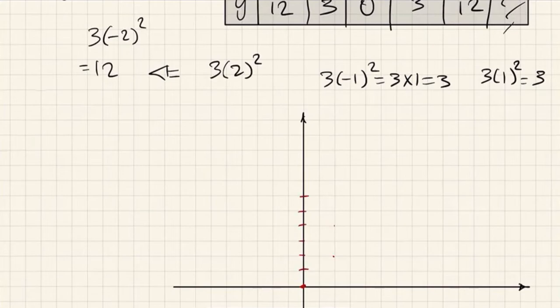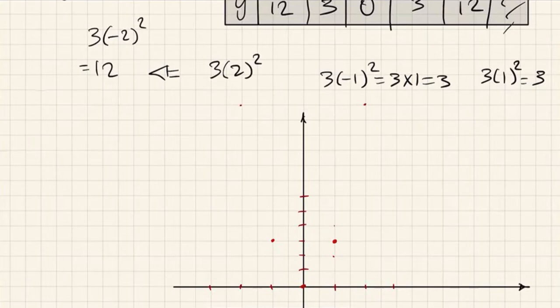So 1 with 3 is here, negative 1 with 3 is here, and 2 with 12: 3, 4, 5, 6, 7, 8, 9, 10, 11, 12. 12 is here, and it is here also for negative.